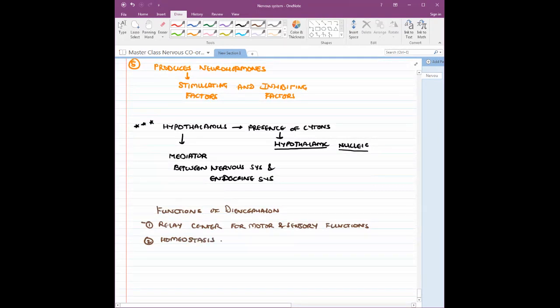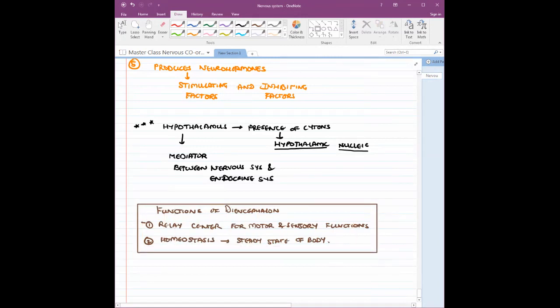Once again, this is the steady state of the body. So this is also a function of your diencephalon.